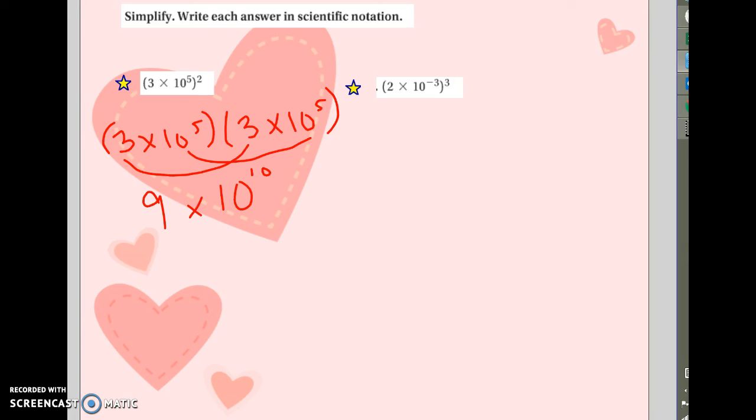Okay, so in essence, you could have just applied that 2 onto the 3 and applied the 2 onto the 5, and it would have given you the same answer in this particular problem. But that only works in scientific notation. So really you should get in the habit of rewriting it that many times. So if you look on the next one, it's 2 times 10 to the negative 3 to the third power, so you would really rewrite this 3 times.